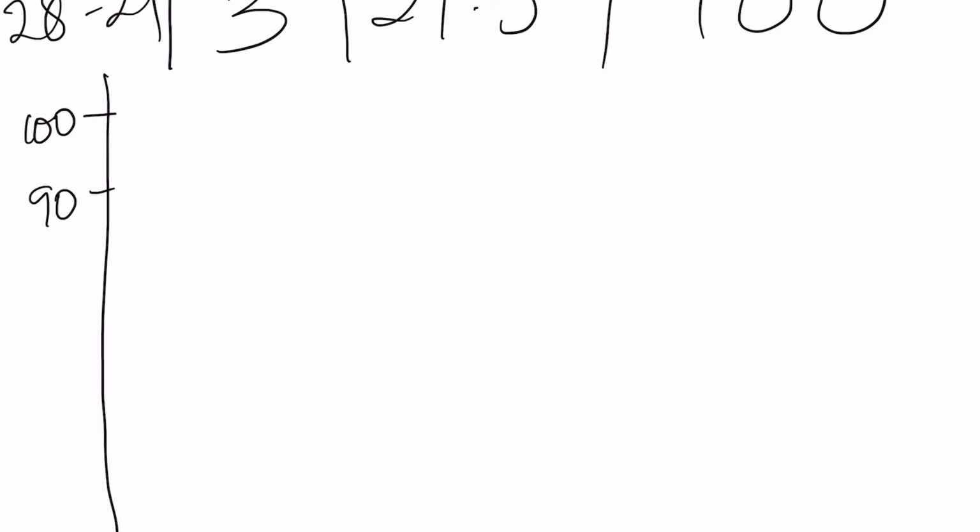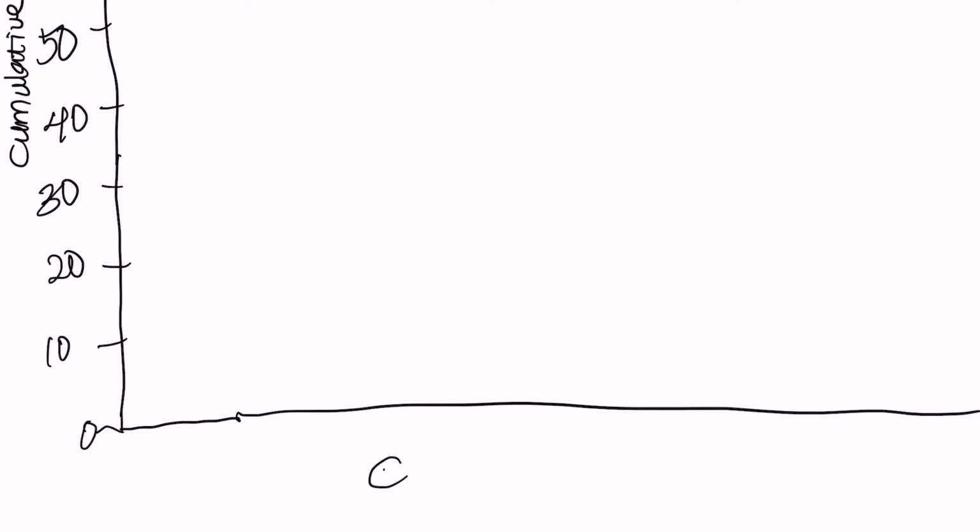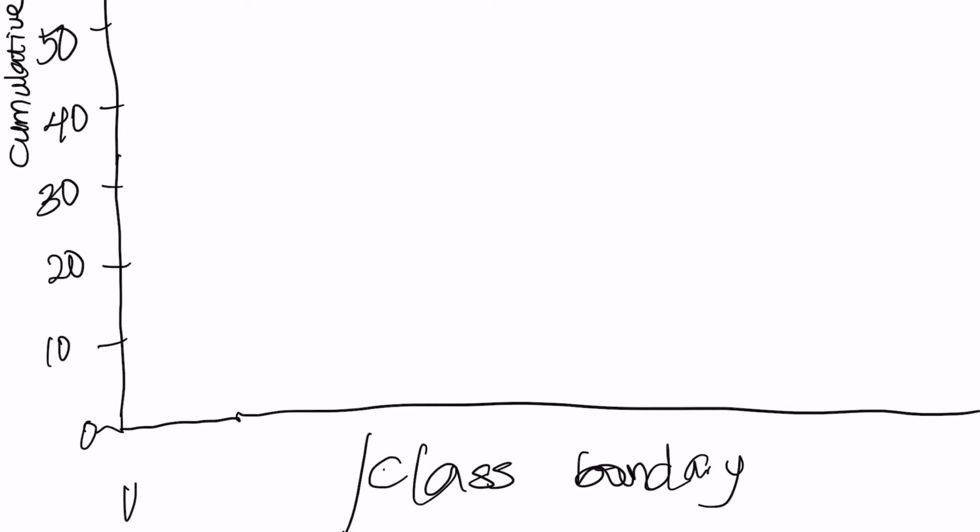So this is the cumulative frequency. And we have here our class boundary or the upper class limit.